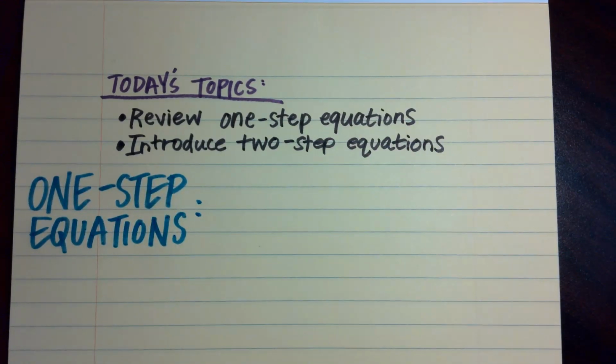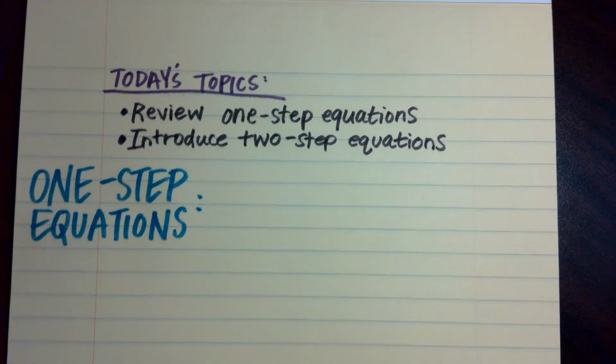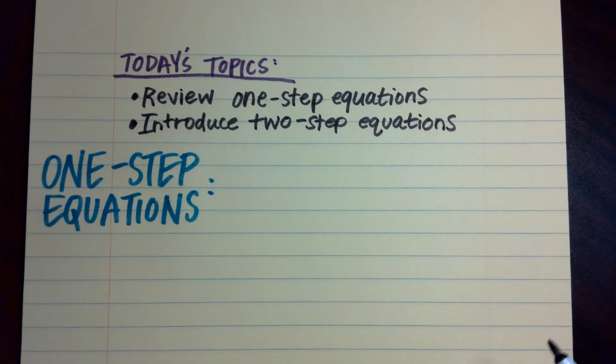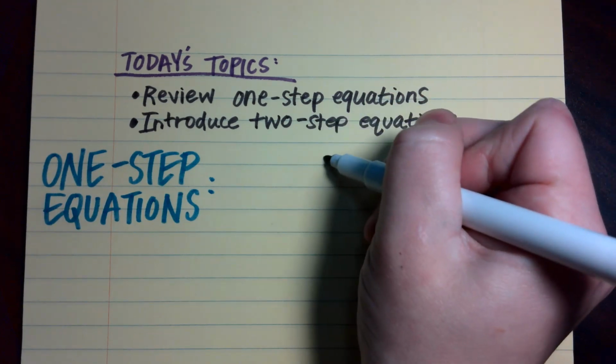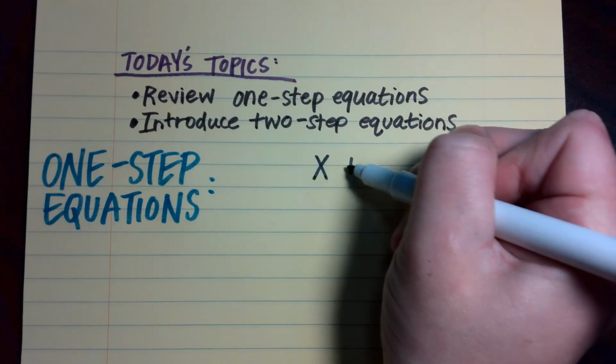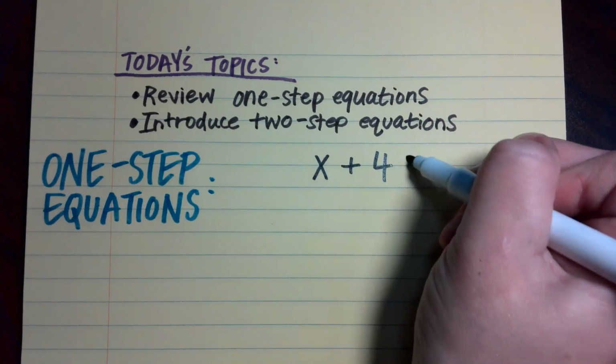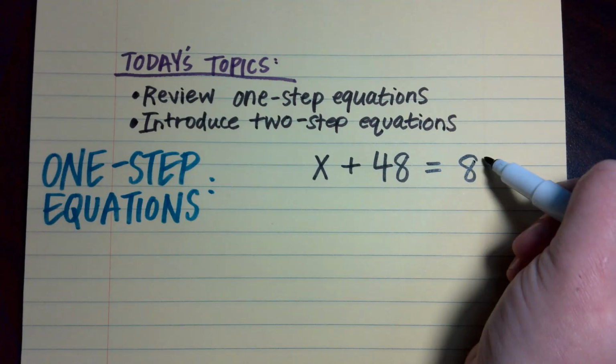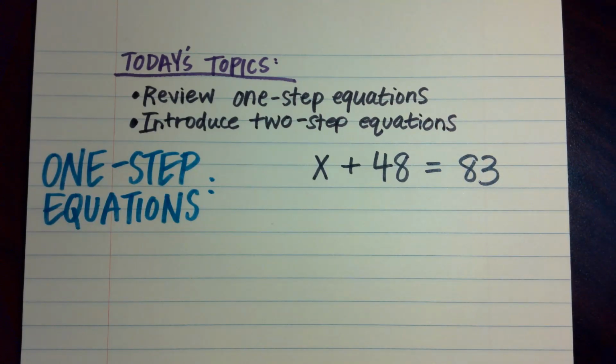And like I said before, those one-step equations are just exactly what we did just now and what we did yesterday. So for example, if I had x plus 48 is equal to 83, what would I be doing here? Minus 48.